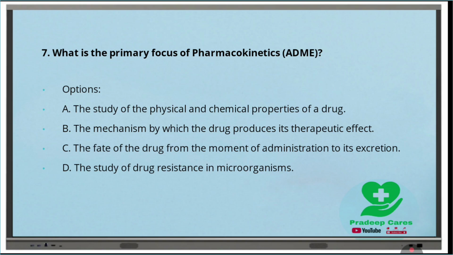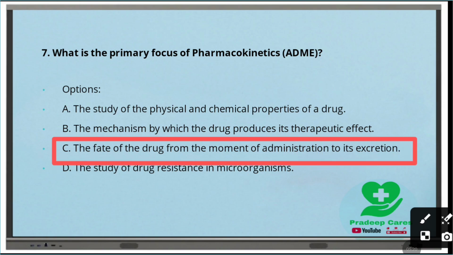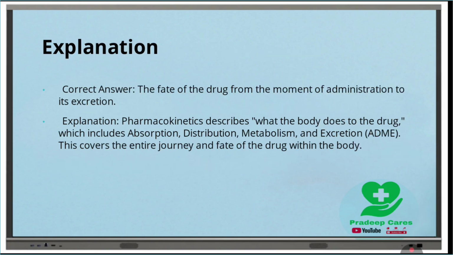And the correct answer for the question is option number C, the fate of drug from the moment of administration to its excretion. Explanation. Pharmacokinetics describes what the body does to the drug, which includes absorption, distribution, metabolism, and excretion (ADME). This covers the entire journey and fate of the drug within the body.